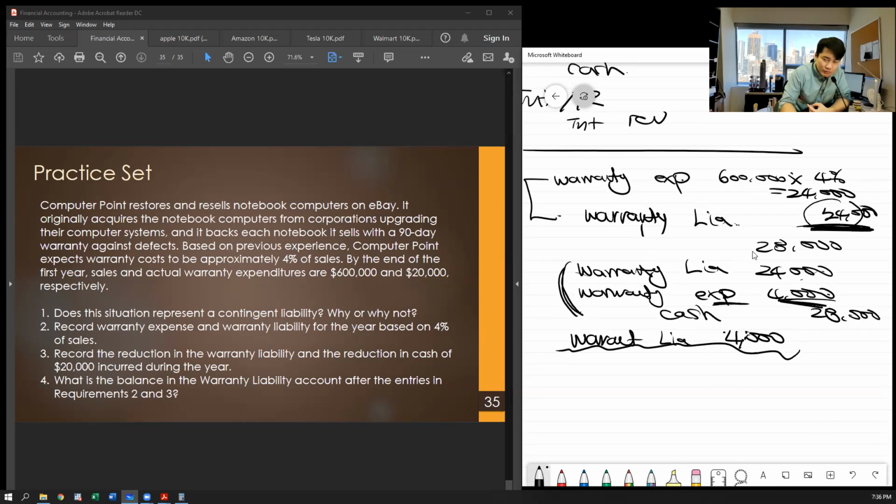We only had $24,000. No, we do not debit liability. Again, at the point of the sale, the company estimates that $24,000 will come as a warranty. But what actually happened was 28,000, way over what you estimated. Yeah, I think you meant the 20,000, not the 28.